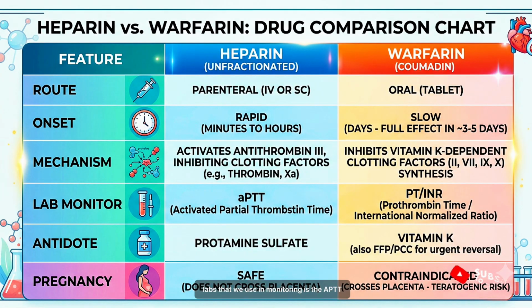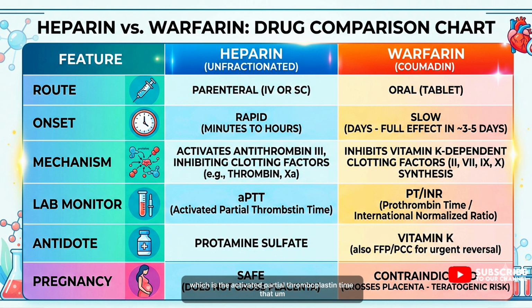Let's talk about the lab monitoring that we do in warfarin and heparin therapy. With heparin, the lab we mostly use for monitoring is the aPTT, the activated partial thromboplastin time, which measures the rate at which prothrombin converts into thrombin. In our last video on blood clot formation, we talked about how prothrombin converts into thrombin, and then fibrinogen into fibrin.